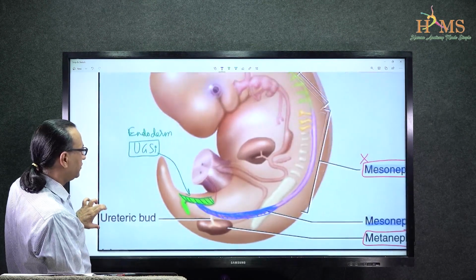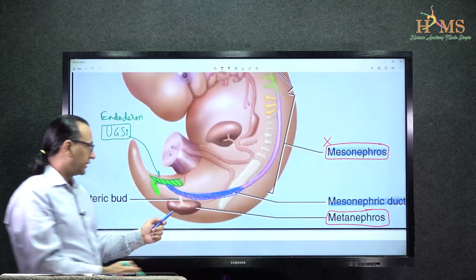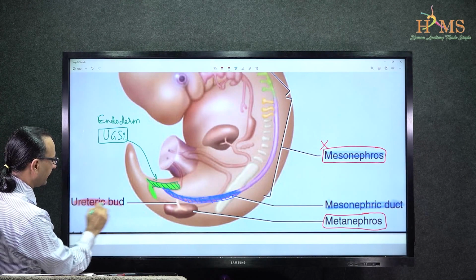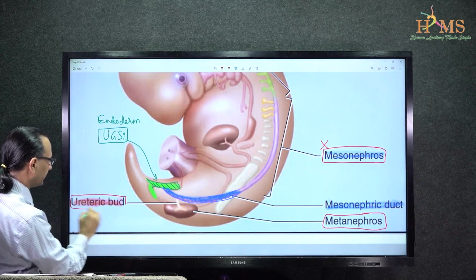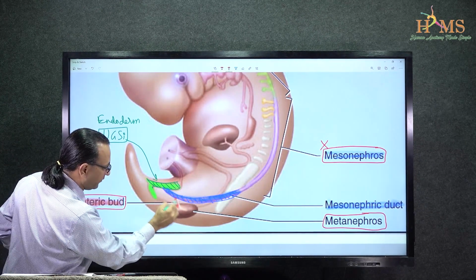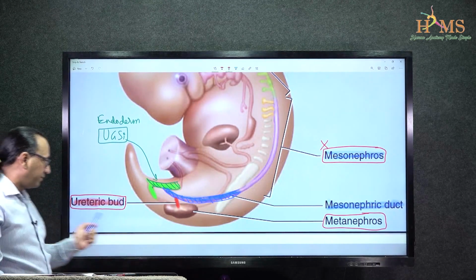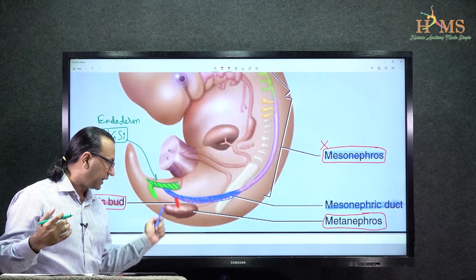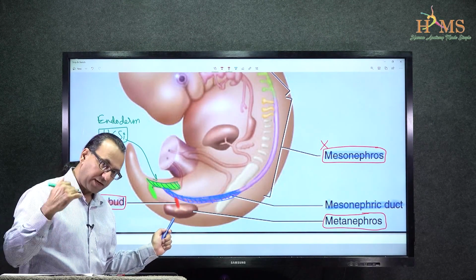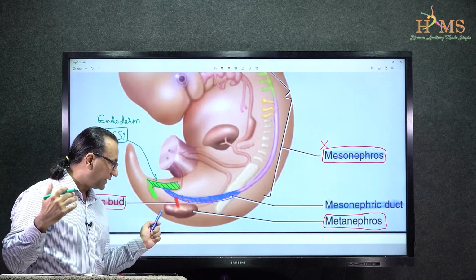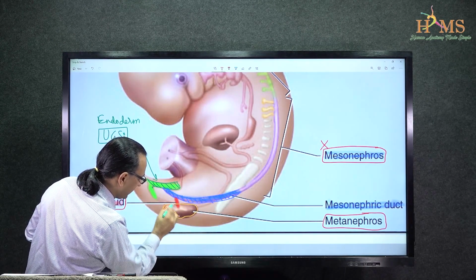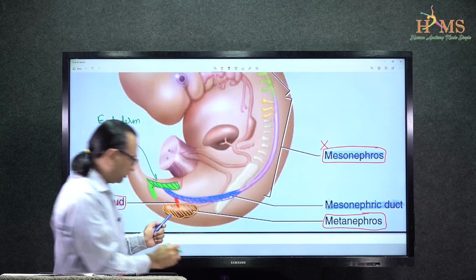And as you do so, you will notice one ureteric bud, which is coming from the mesonephric duct, and it is important because it is the ureteric bud which is going to penetrate the metanephros and convert the metanephros into metanephric blastema. And then it is the metanephric blastema which is later going to form the kidneys.